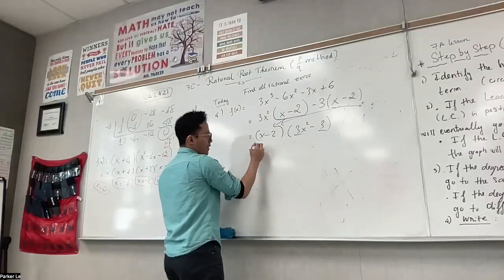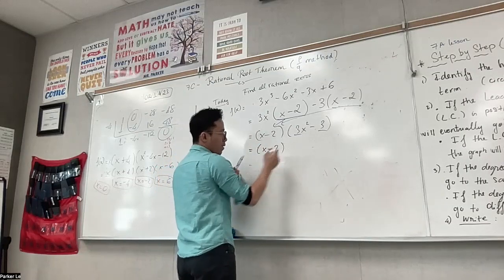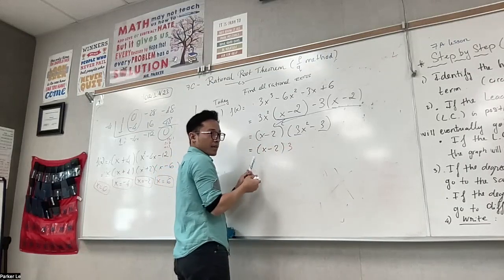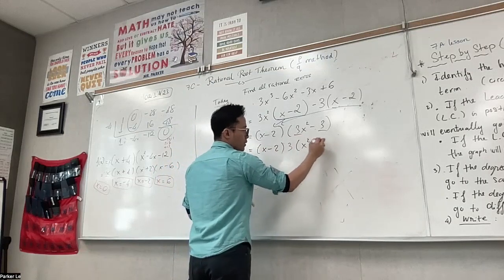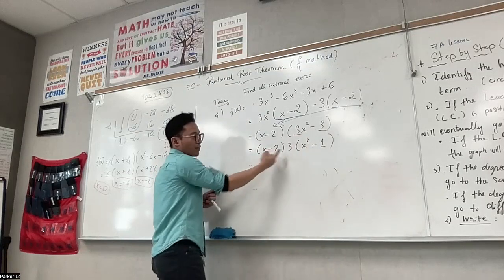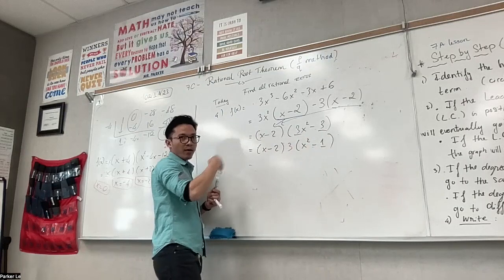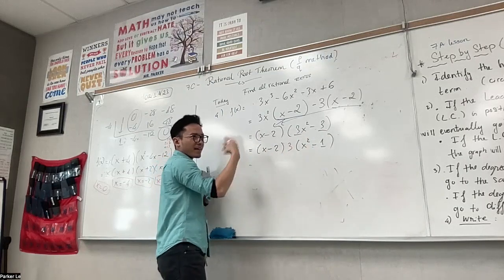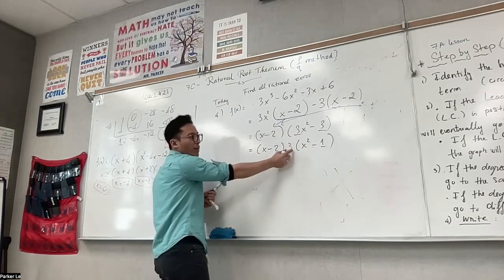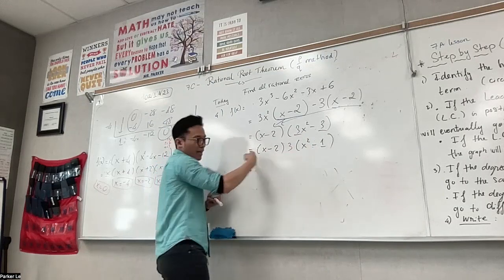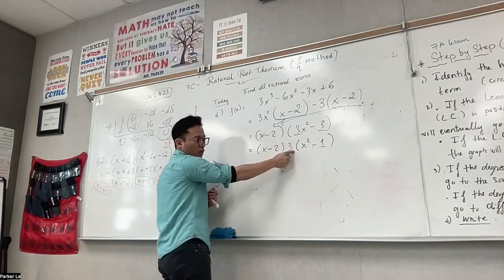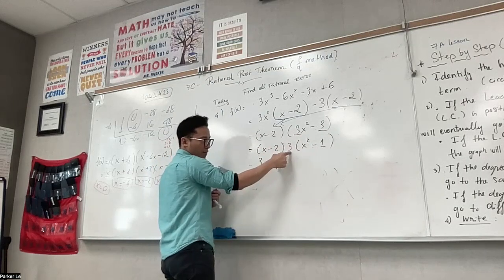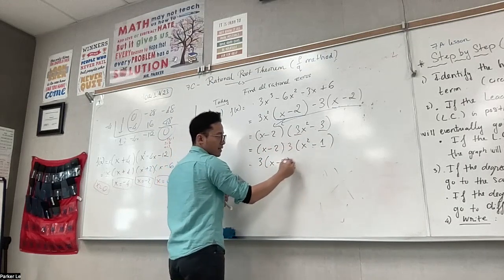Remember, multiplication, you can move around freely. It doesn't matter. It's an unwritten rule that you always put a number in the front, before any parentheses, so you don't miss it. So I move the 3 to the front.